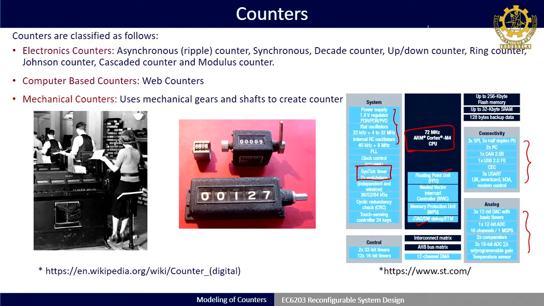Apart from this you may find the SysTick timer written, and below you can find 2 32-bit timers, 12 16-bit timers. So, timers play a very important role in microprocessor design also; it is always an on chip peripheral of any microprocessor. Because a microprocessor also has to maintain the timing between two events or the execution of two instructions.